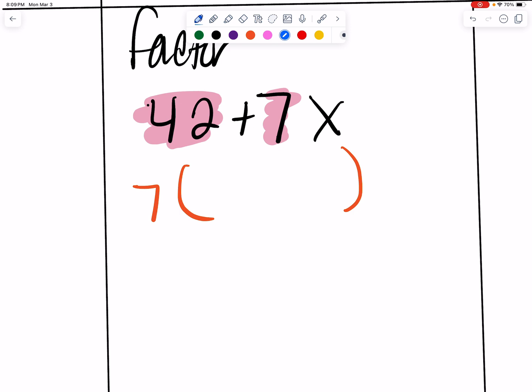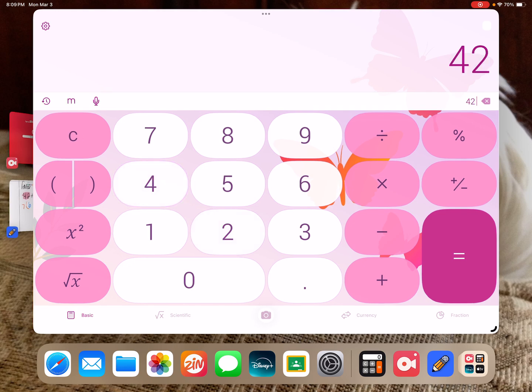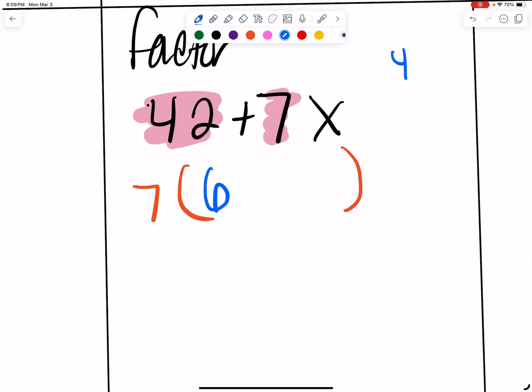And that would be 6. Because I know that 7 times 7 is 49. 6, 7, 8. Wait, what? 42 divided by 7? Sorry, I have a squirrel moment. Is 6? Yeah, I was right. And then I pulled out a 7, but I still have an x, so the answer is 7 times 6 plus x.